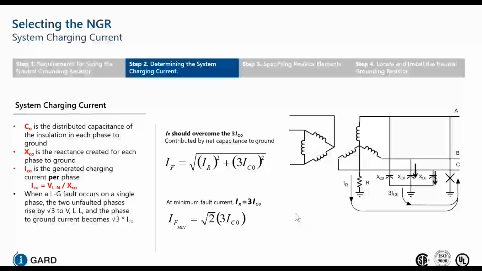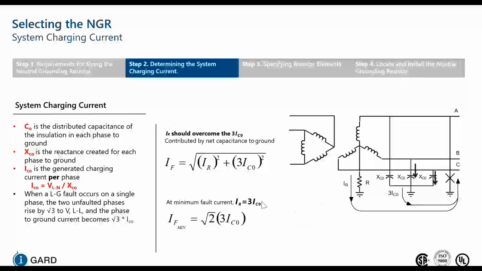So that's why cable manufacturers give you the capacitance of your cable in microfarads per 1,000 feet or per kilometer, not thousands of kilometers. So with that, we can calculate what the capacitive current is in your system.